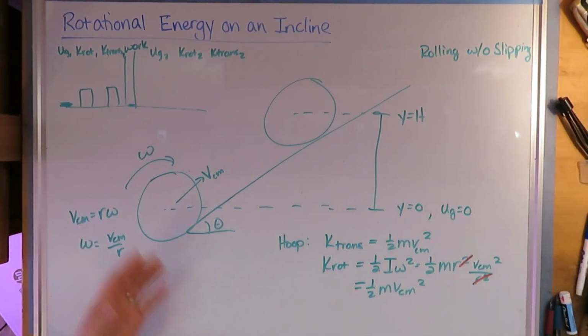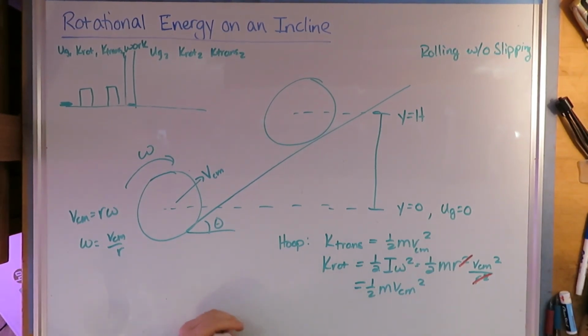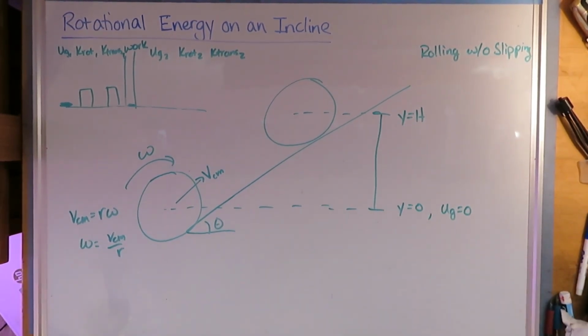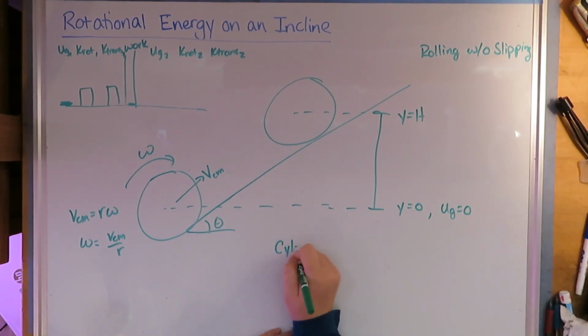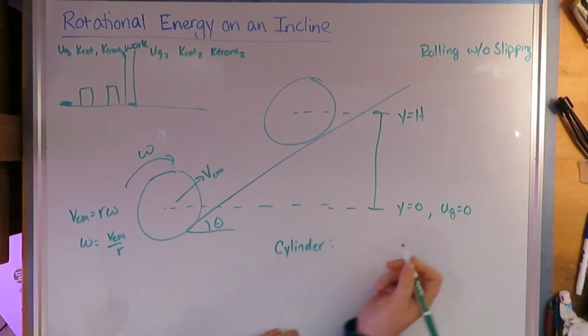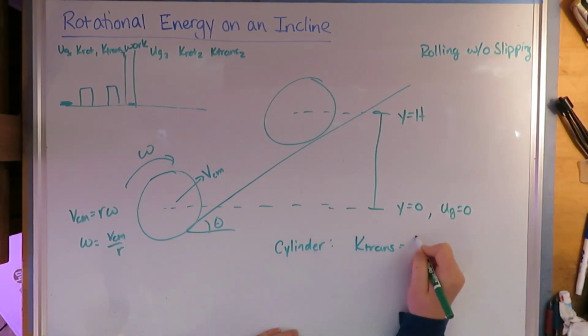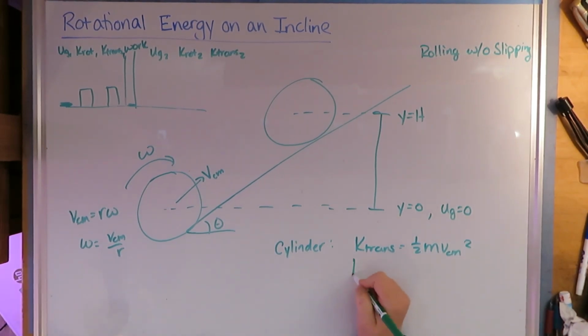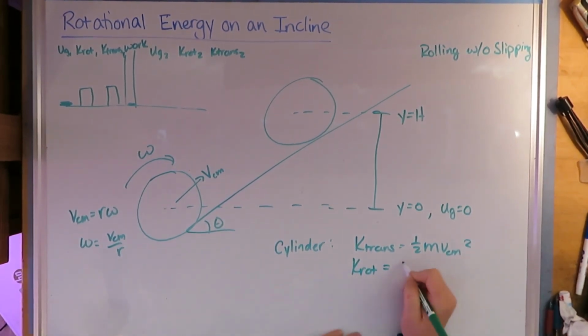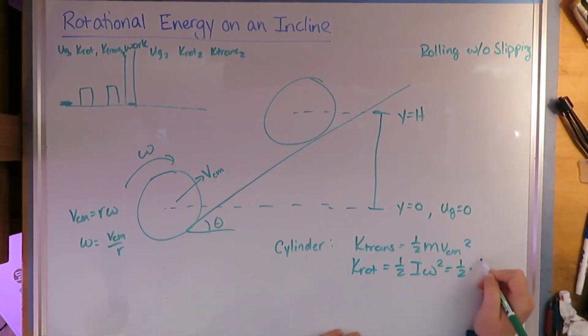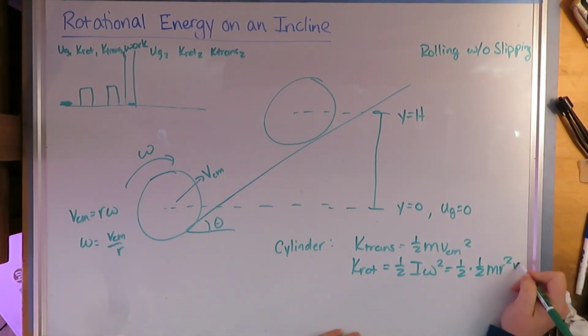What if this was a cylinder? Say it's a solid cylinder, a disc. Then my translational kinetic energy is still 1/2 m v center of mass squared, but my rotational kinetic energy is 1/2 I omega squared, which is 1/2 times 1/2 m r squared, and then omega squared is v CM squared over r squared.